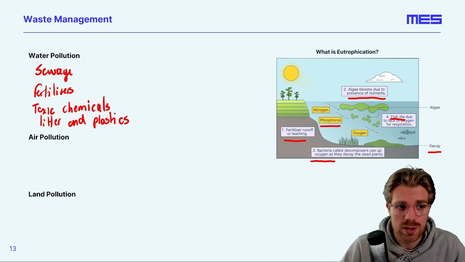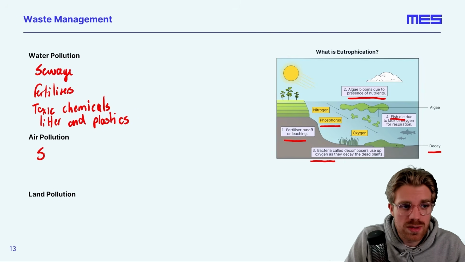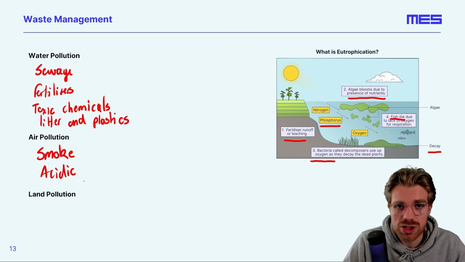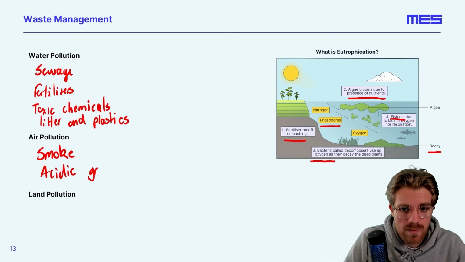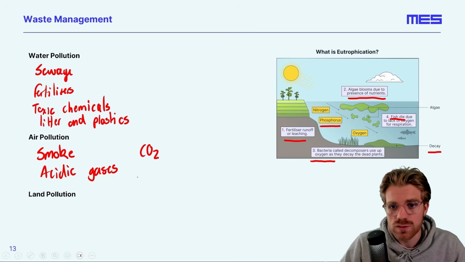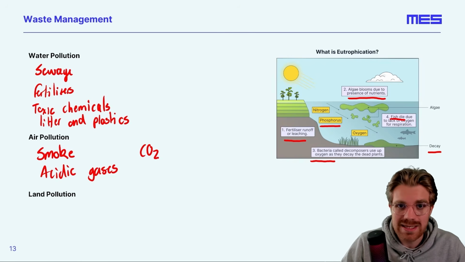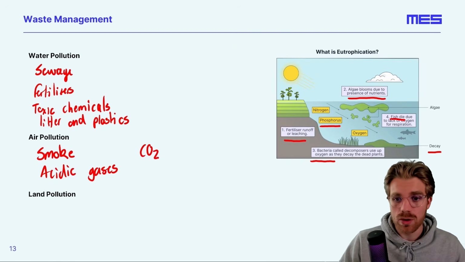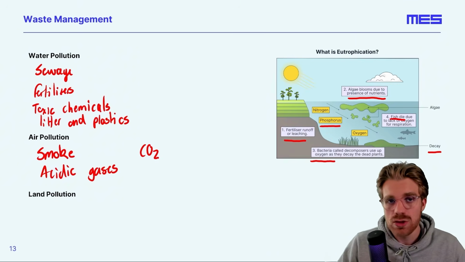We also have air pollution. Air pollution could be, for example, smoke or other acidic gases produced through combustion of different fuels, but also the production of carbon dioxide and other greenhouse gases. Now, smoke from burning fossil fuels can produce particulates that can cause breathing problems such as asthma in humans.